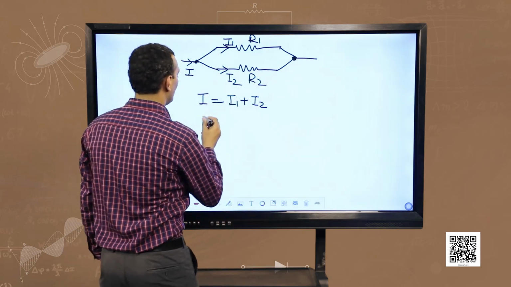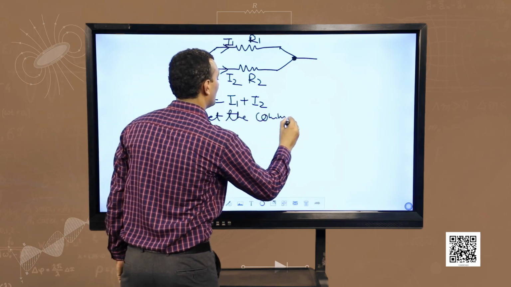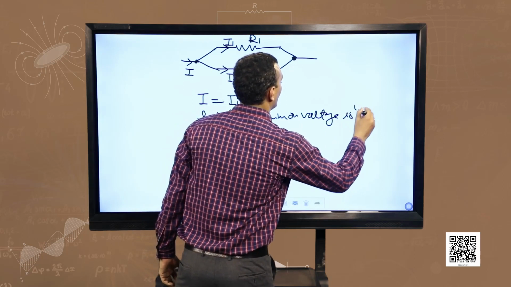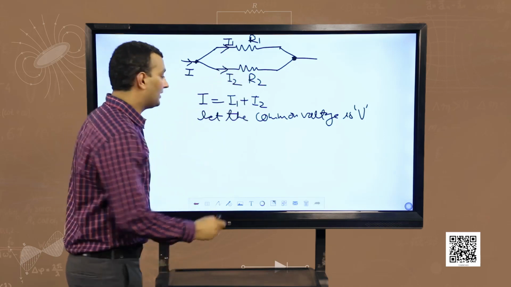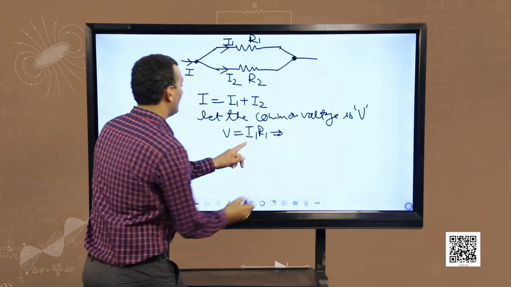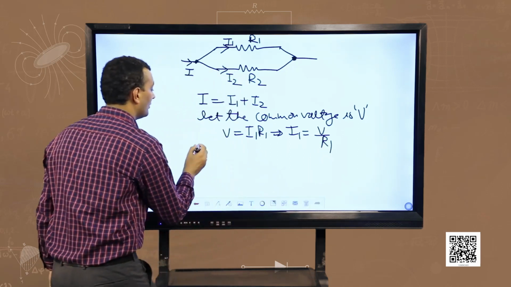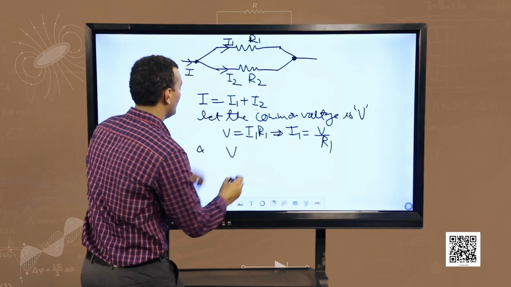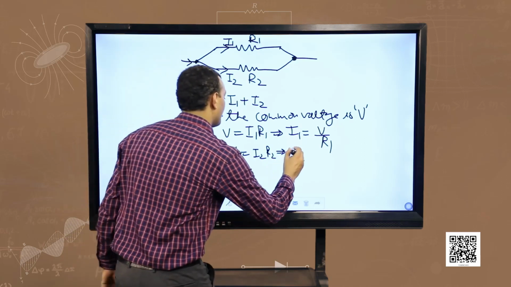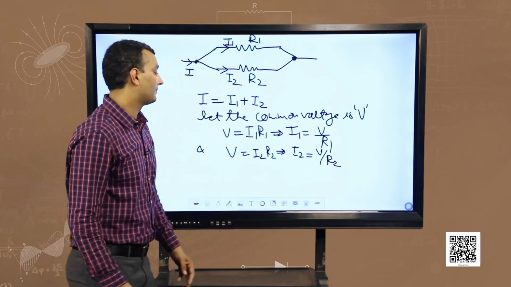Let the common voltage be V. Then for the first resistor, we can write V equals I1 R1, giving I1 equals V by R1, and for the second resistor we have V equals I2 R2, giving I2 equals V by R2.